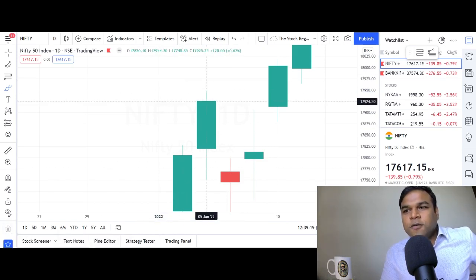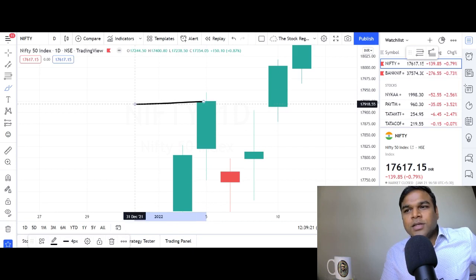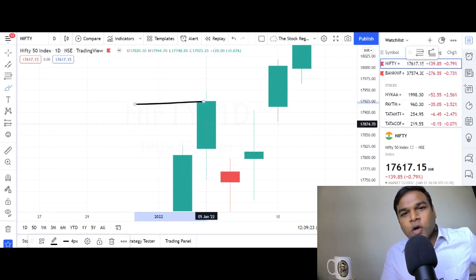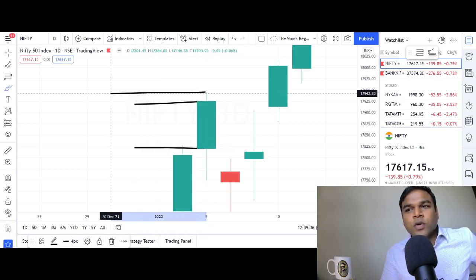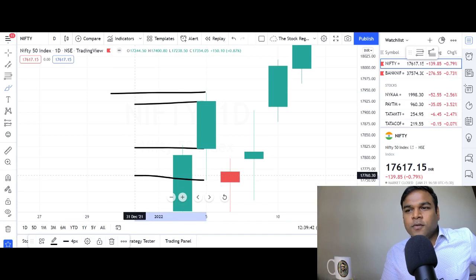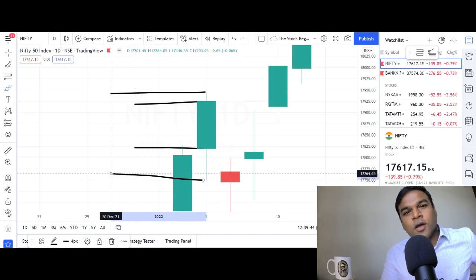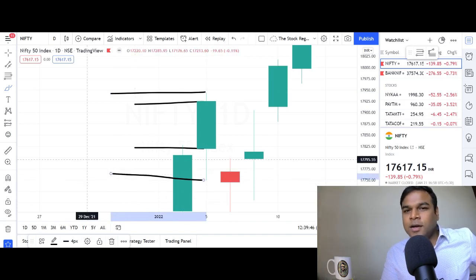The top of the body of the candle is known as the closing of the candle in a green candle. The bottom of the body of the candle is known as the opening of the candle in a green candle. The top of the wick is known as a high of the candle in a green and a red candle. And the bottom of the wick is known as the low of the candle in a red and a green candle.